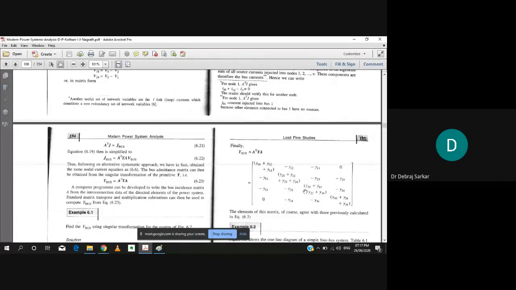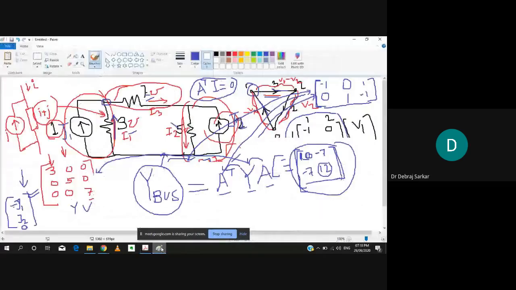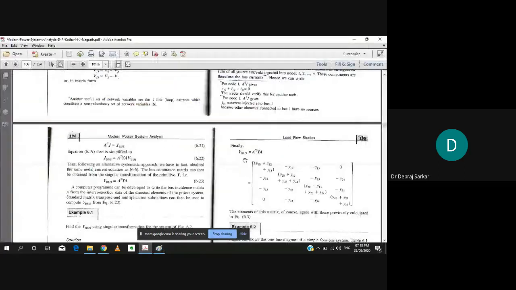So I hope you see how it has been calculated. This Y bus is obtained by A transpose into Y into A. But I just told you to do it by yourself. This is a small matrix that can be done. For a big matrix, that is not feasible for you to do.